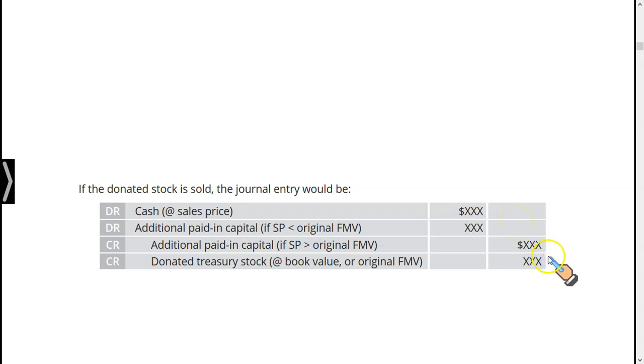The important point to note here is, if your selling price is higher than the original fair market value, additional paid-in capital will be credited. It's fairly straightforward, no big deal. Put some numbers and it will make perfect sense. And if your selling price is less than the original fair market value, then you debit additional paid-in capital.